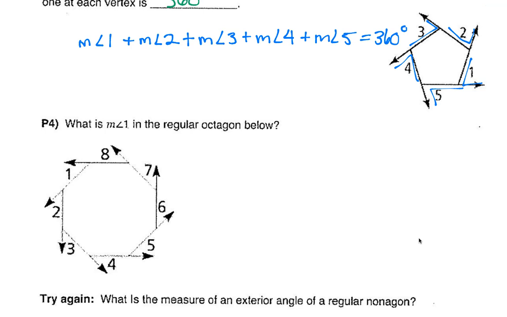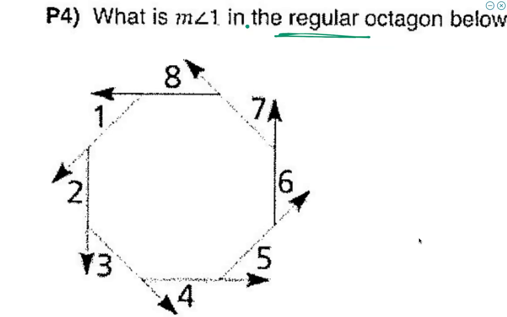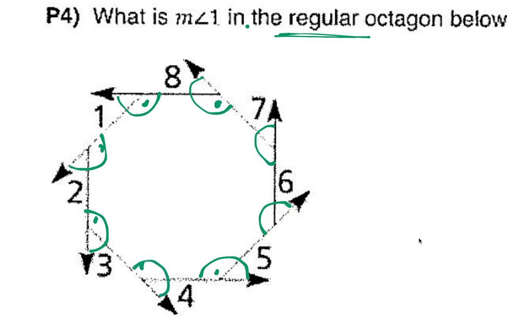So what is the measure of angle 1 in the regular octagon? Since it's regular, that tells us that each of the interior angles is going to be the same exact thing. And if those are supplementary, that means 5 is going to be the same thing as 6, 7, 8, 1, 2, 3, and 4.